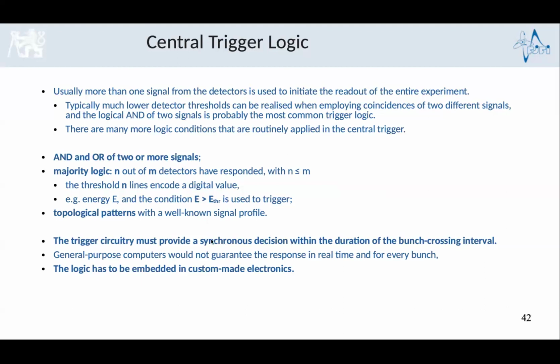So here the first level trigger circuit has to provide a synchronous decision within the duration of the bunch crossing interval. We have to work with the, what was the word?